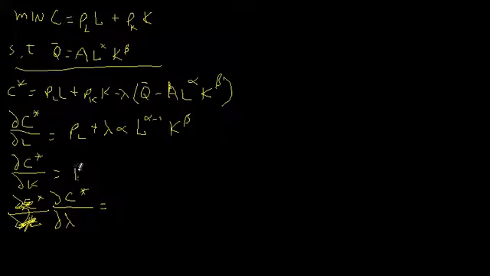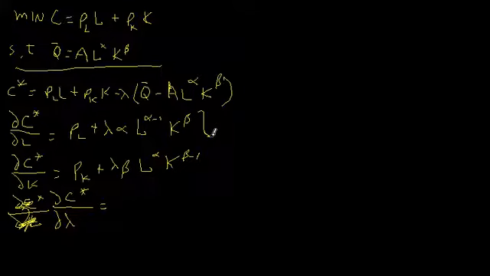And here we have PK plus lambda beta L to the alpha K to the beta minus 1. And of course the third partial derivative down here is just going to be equal to the constraint Q bar minus A L to the alpha K to the beta.